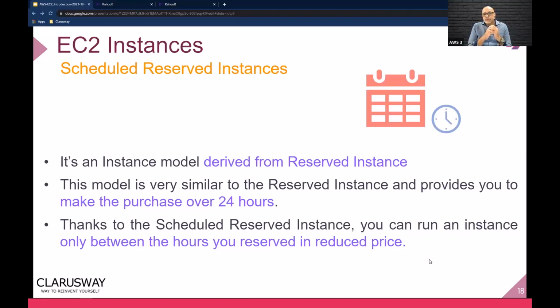So if you're reserving, let's say a T2 micro, and I forget what the definition of a T2 micro is, but let's say it's one CPU and 2 gig of RAM. They will reserve a virtual machine that has 1 CPU and 2 gig of RAM whenever you need it. It might not be on the same piece of hardware all the time, but you will have that capacity whenever you need it.